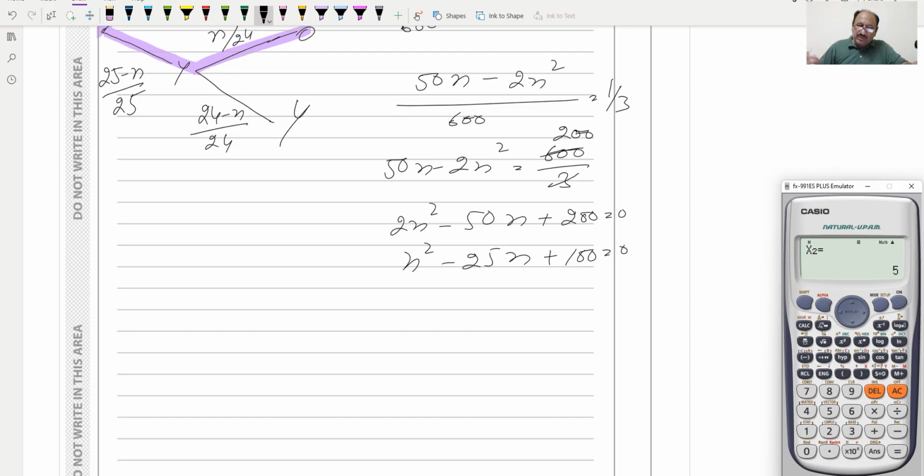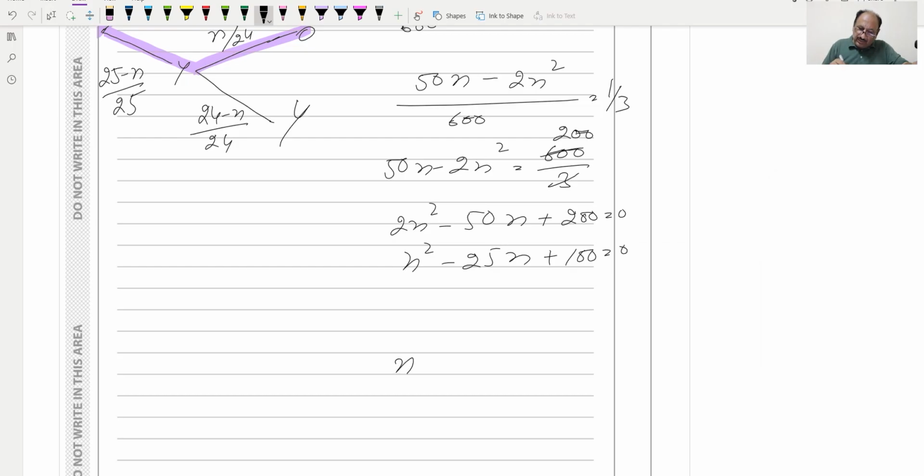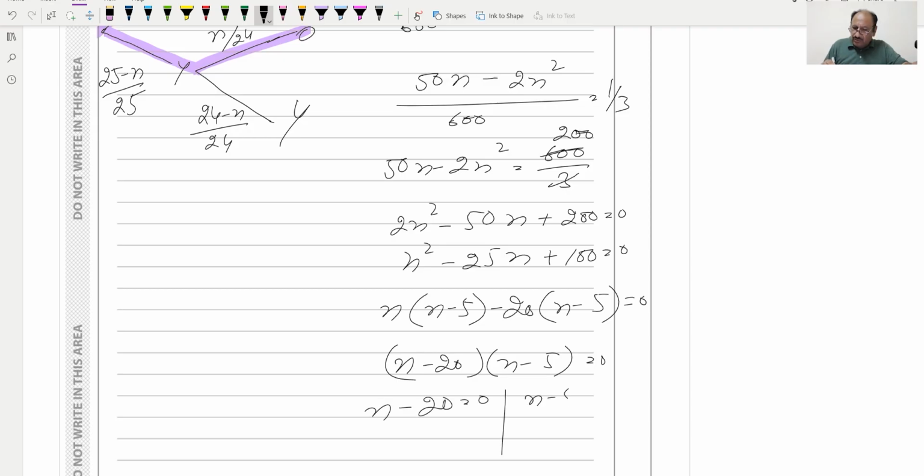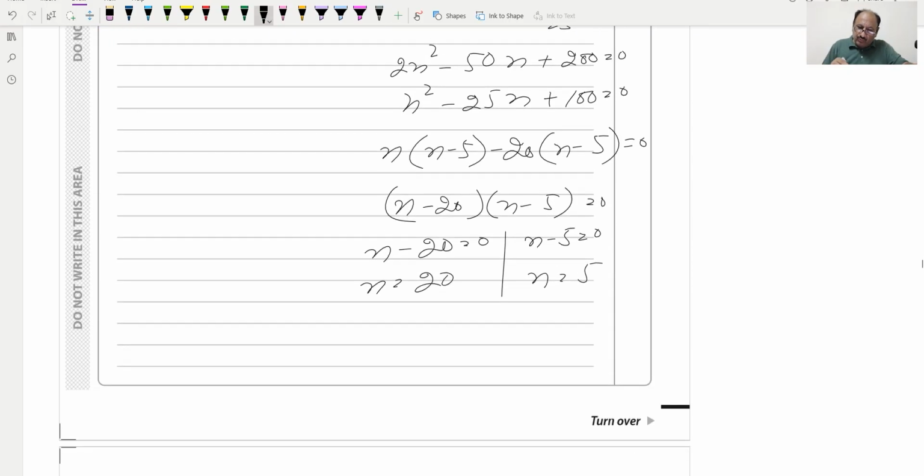So it will be 20 and 5. We can write n minus 20 and n minus 5 is equal to 0. As an intermediate step, we can write n minus 5 and minus 20 into n minus 5. This will be the complete working. n minus 20 is equal to 0 or n minus 5 is equal to 0. n is equal to 20 and n is equal to 5. So these are the two values of n which we found.